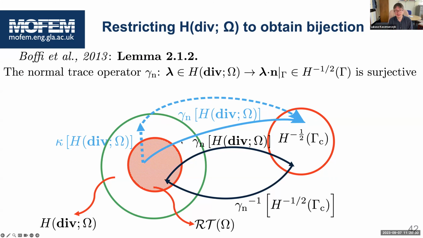But when you restrict your H-div space to the Raviart-Thomas element, you will have a one-to-one mapping. So these are all the H-div base functions restricted to RT space. In that case, we have a one-to-one mapping, because RT space guarantees that the trace on the boundary is not 0.